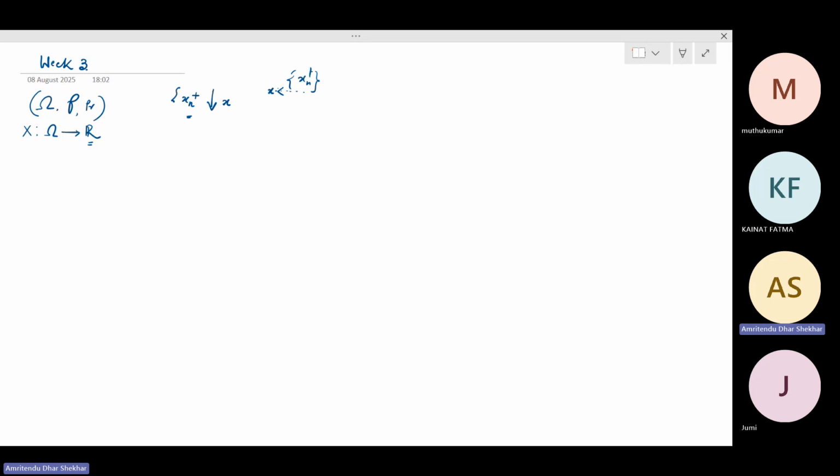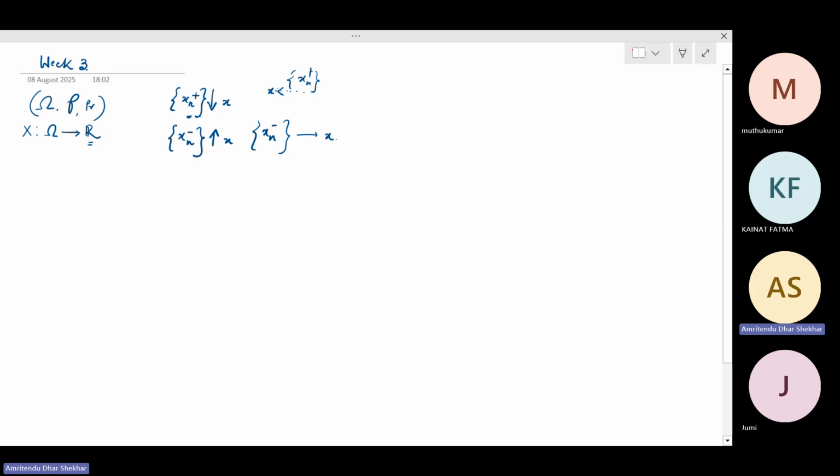And if you have another sequence, let's say xn minus, which converges from the left, which is denoted often in this way, which means that xn minus tends to x in this way.